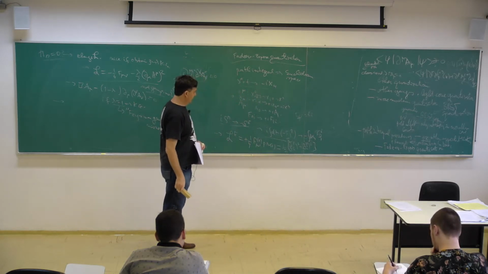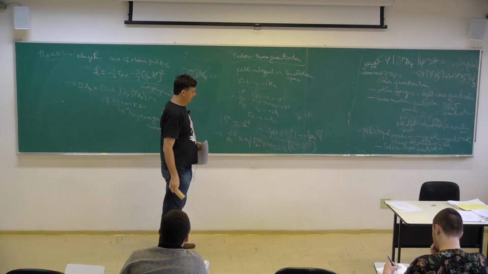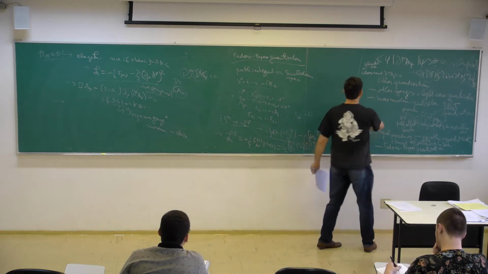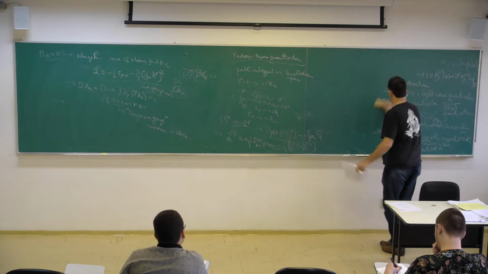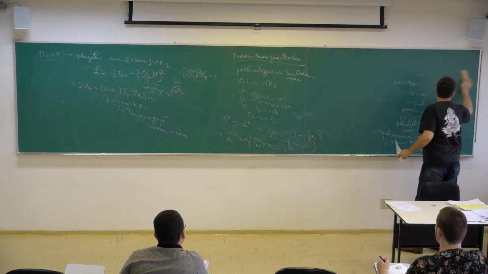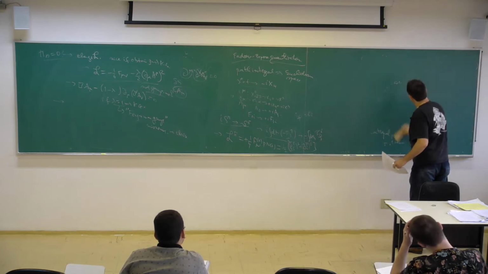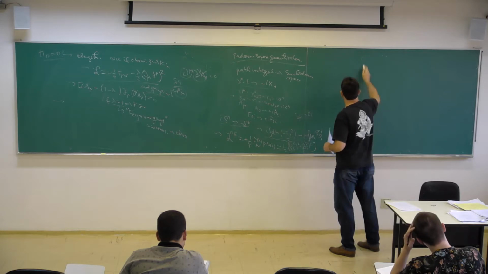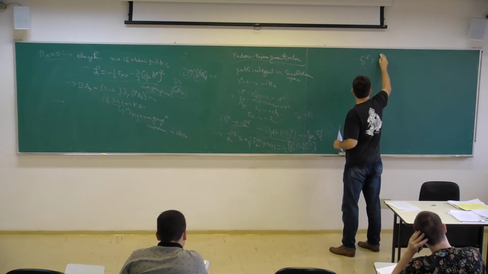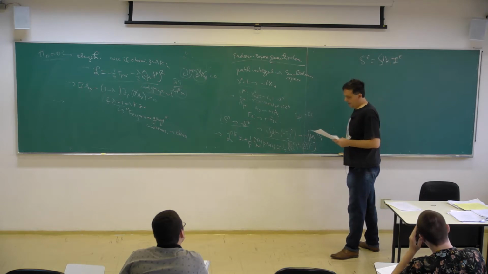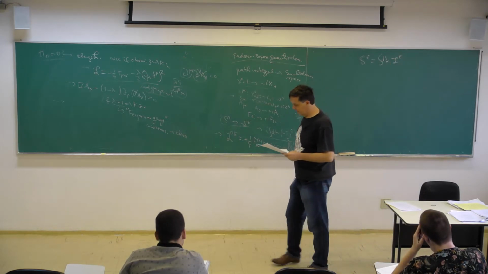So in Euclidean space, this is just like the Hamiltonian, Euclidean Hamiltonian, which is what's always the case. And as before, the Euclidean action is integral d4x of the Euclidean Lagrangian.